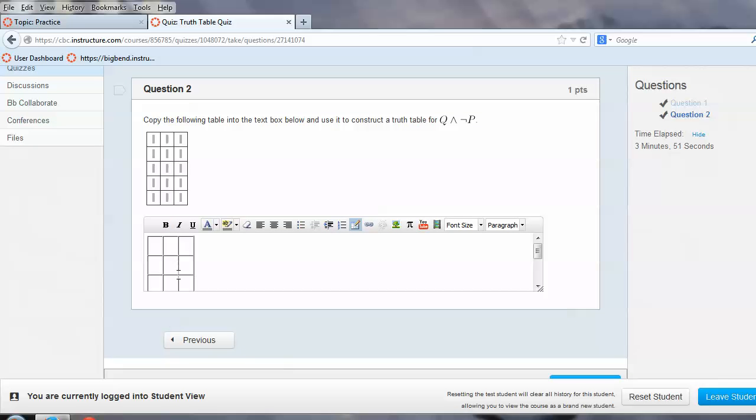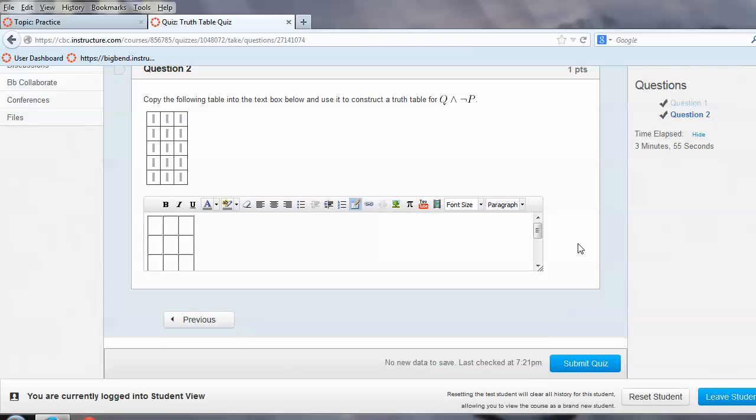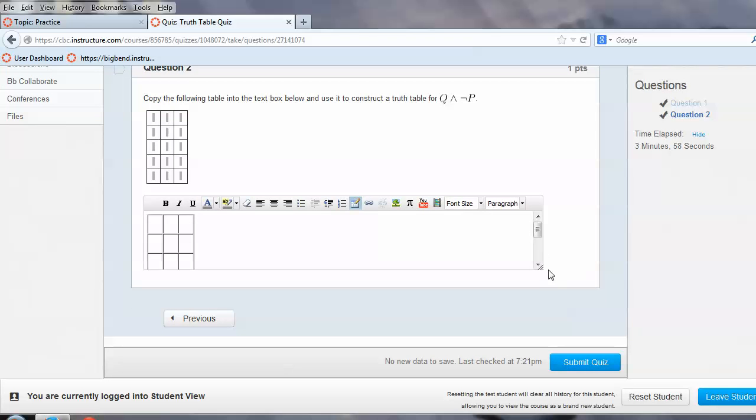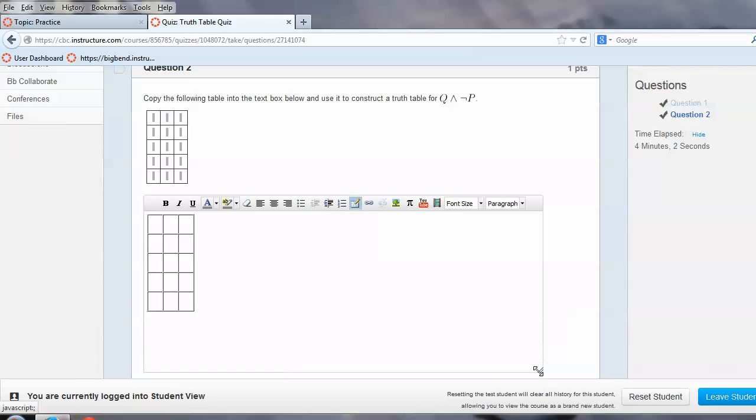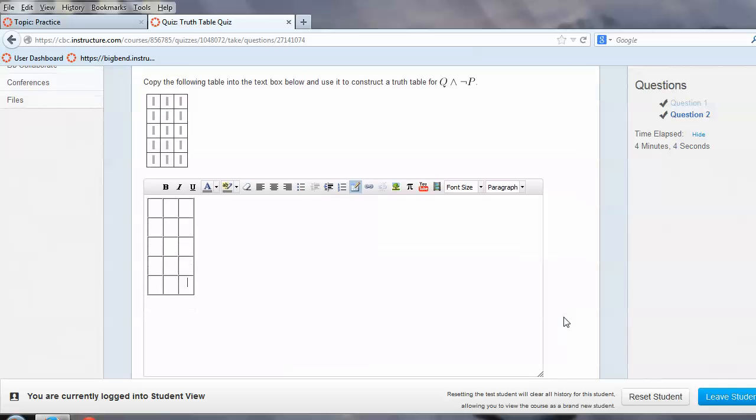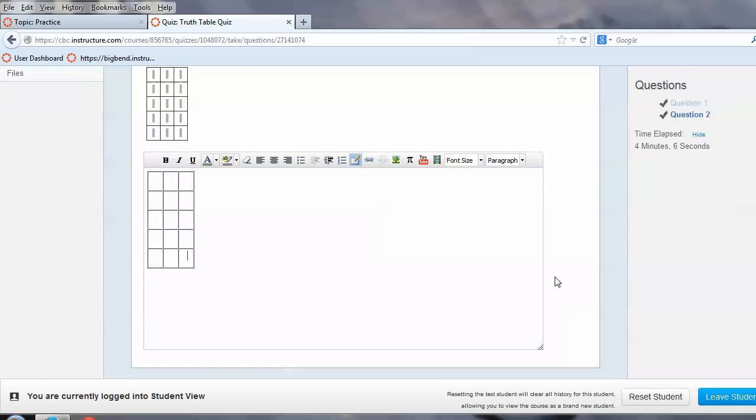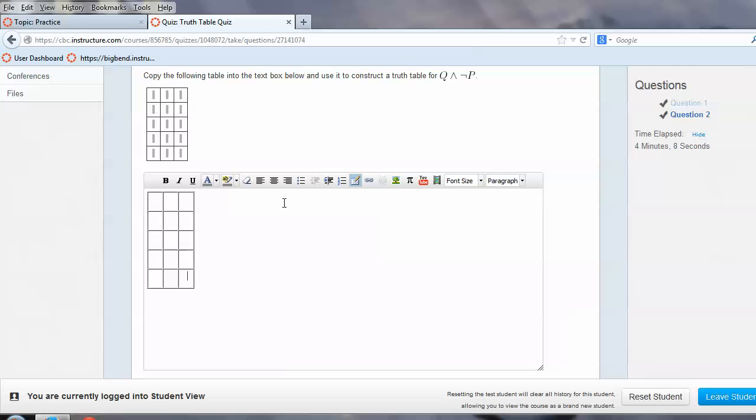Now, one thing that you're definitely going to want to do for questions like this, and any question where you need to type in a long answer, is down here at the bottom right of the text box, you can click and drag it down so that you can see more of your answer at once, and that makes life a whole lot easier. So now what I need to do is fill in this truth table.